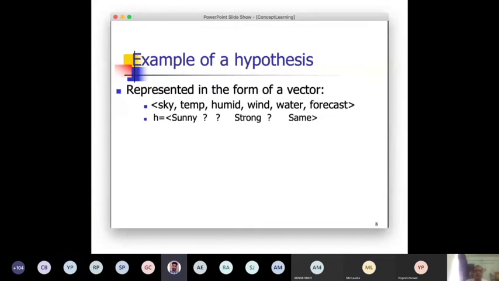So it could be either warm or cool. Humidity could be either high or low. Wind has to be strong. Water should be either warm or cool, and the forecast of the next day should be the same, right? So this is your hypothesis.